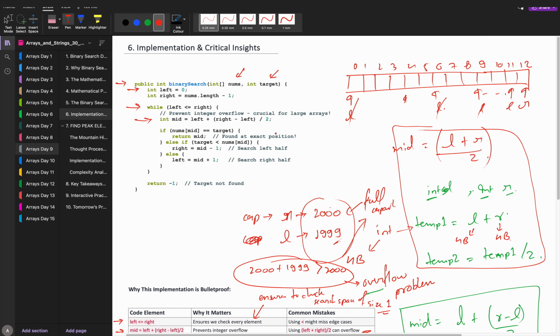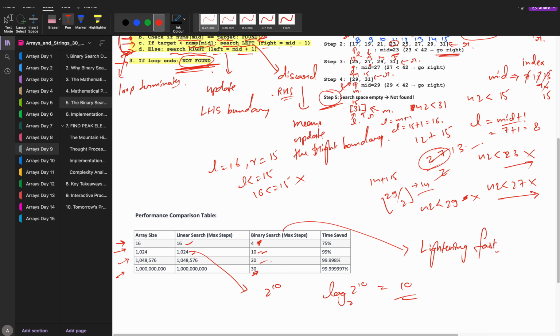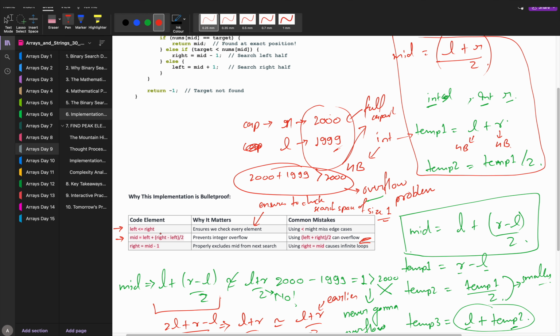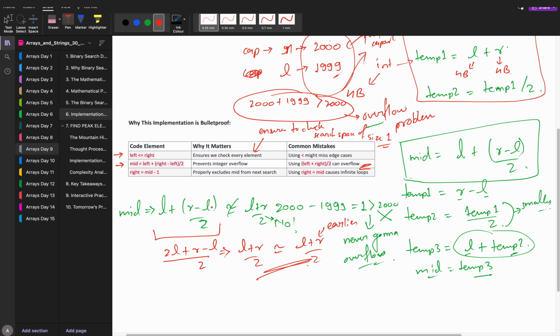Because if you see from the previous slide, we had narrowed down to one item. That's why you need to put equal to also. Most of the time people write less than only. They miss the equal to, so that will miss the edge case. Okay, so you need to be very careful. Don't put just less than. Instead, put less than or equal to. Okay, yeah.